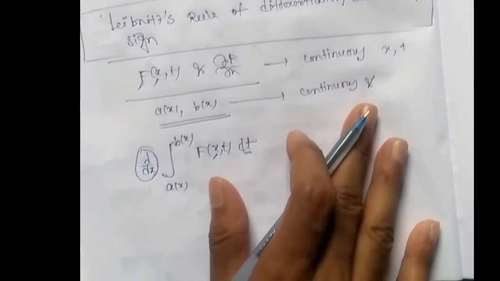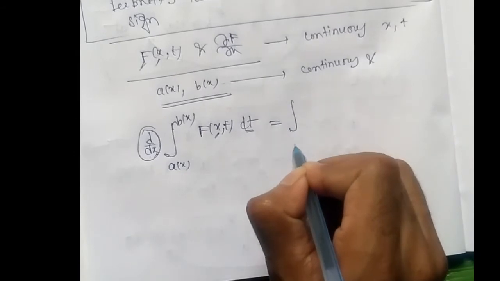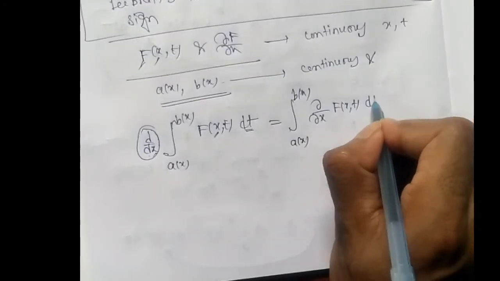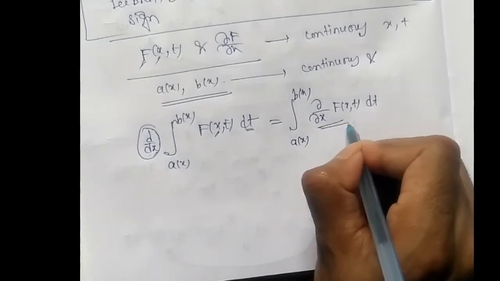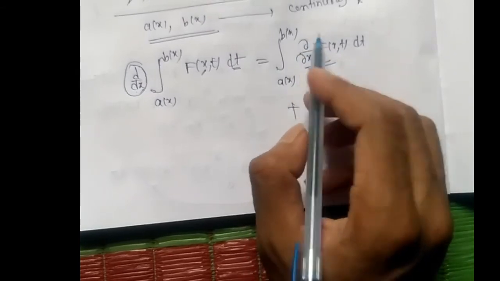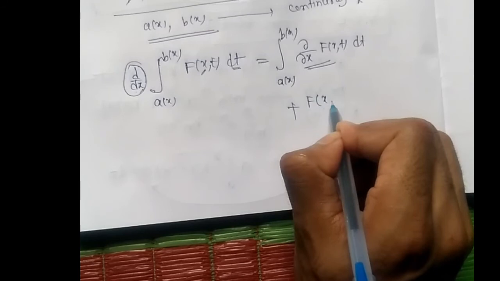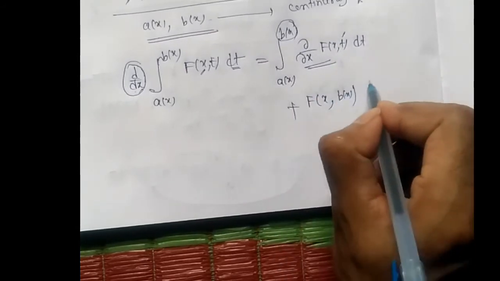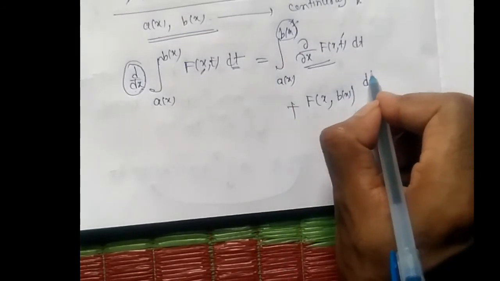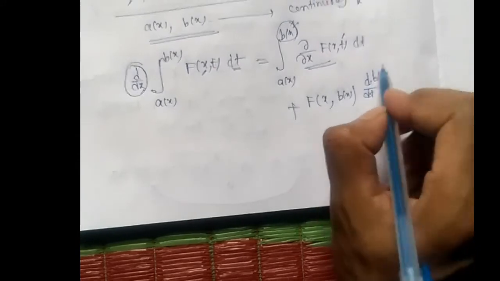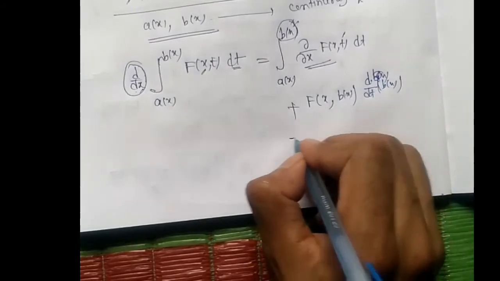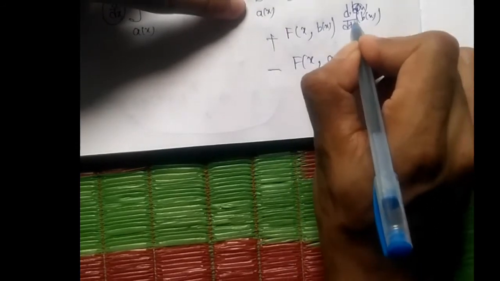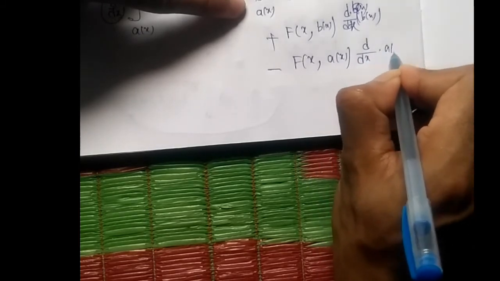This is nothing but the integration over a(x) to b(x) of ∂f/∂x (x,t) dt, that is the partial derivative of f with respect to x, plus f(x, b(x)), putting the value of b(x) in place of t, times d/dx of b(x), minus f(x, a(x)), putting the value of a(x), times d/dx of a(x).